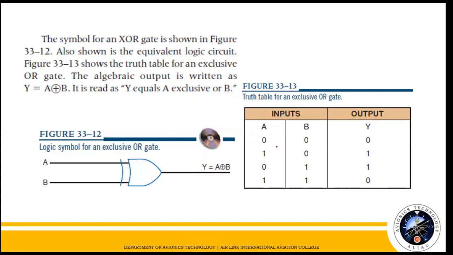Kaya dito, kung mapapansin nyo din dito, 0, 0 equals to 0. So 1, 0 is equals to 1. So odd number kasi 1. So what if nagkaroon ng pangatlo? Okay.